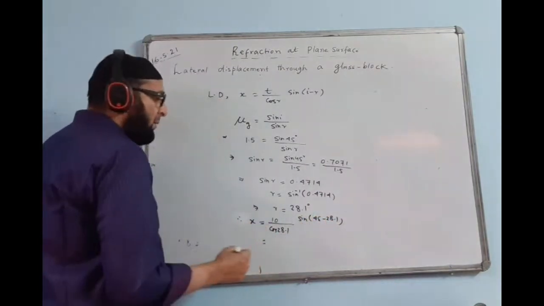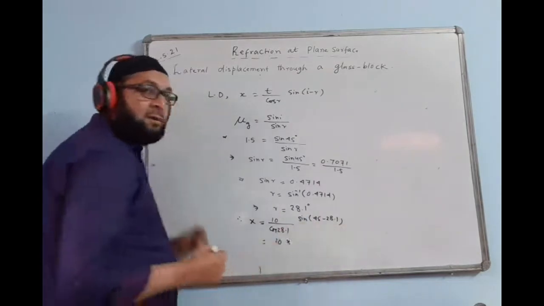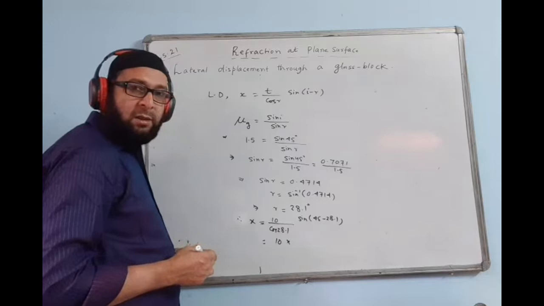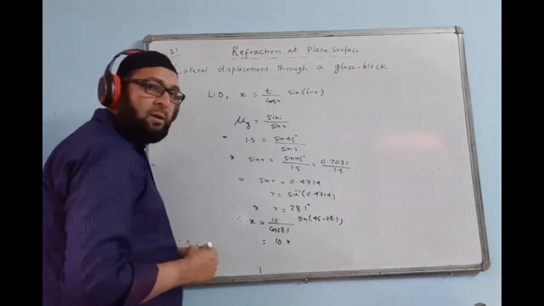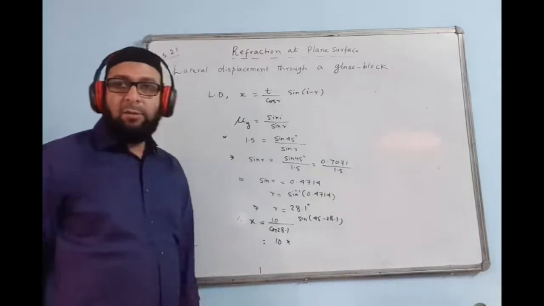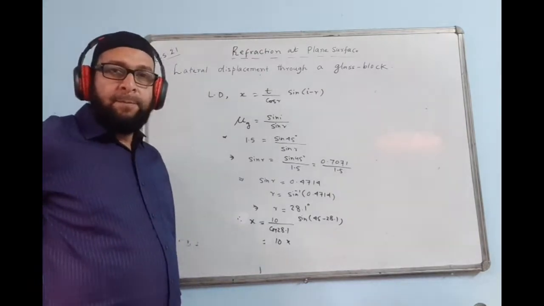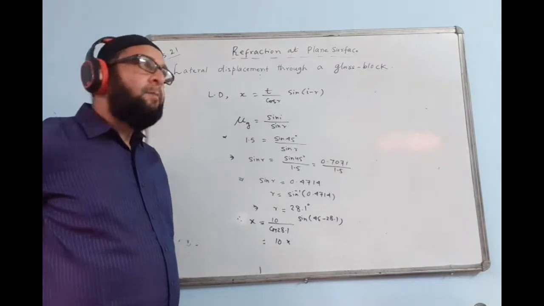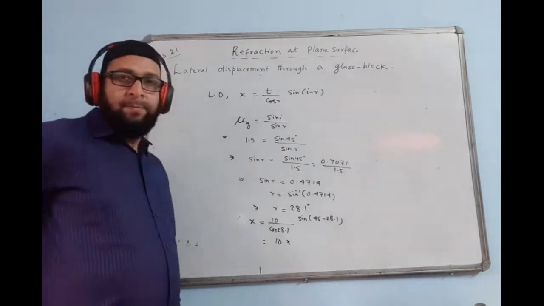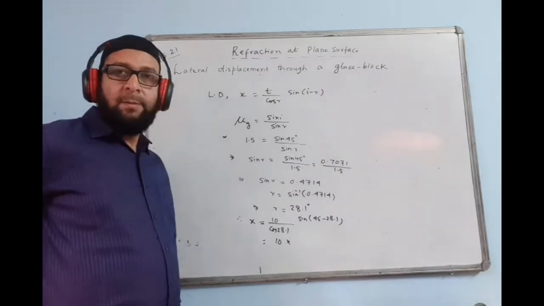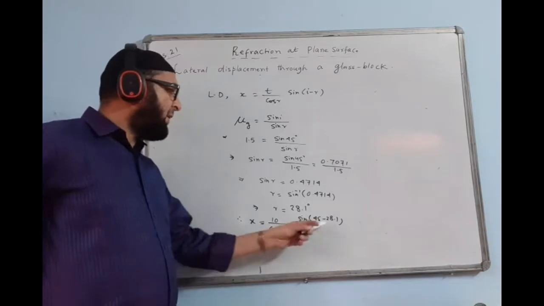Now we will be using the calculator. 10 into sin of 45 minus 28.1 within bracket. You can check the answer in decimal. How much is that coming? All the calculation you can do now. How much is 45 minus 28.1?